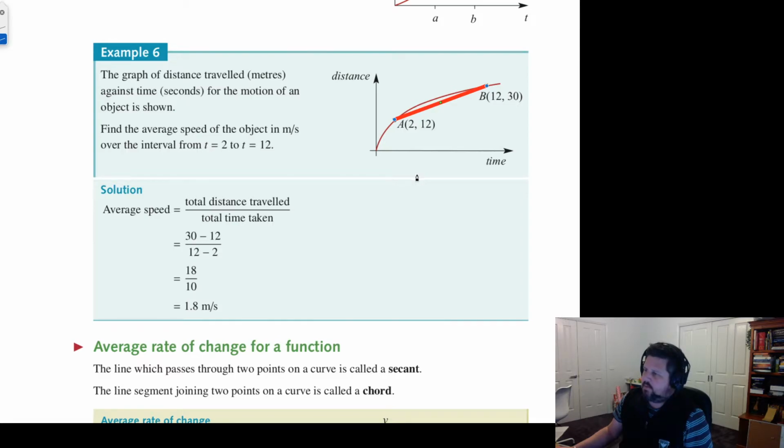If you think back to the olden days where you have some coordinates and you need to find the gradient of a line, this one might have been called x1, this one might have been called y1, and the other coordinate was x2, and y2.